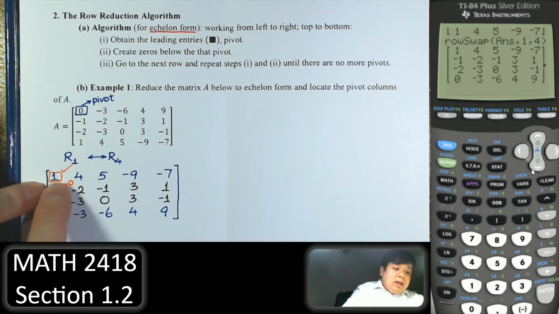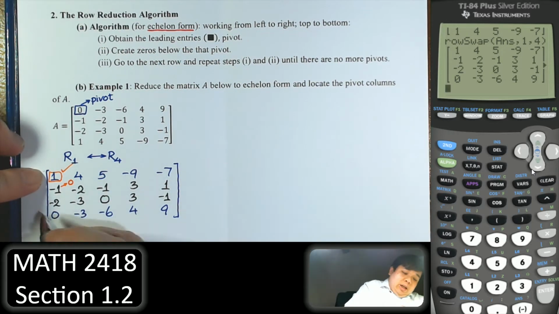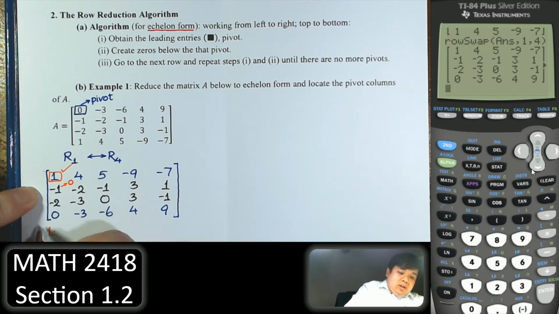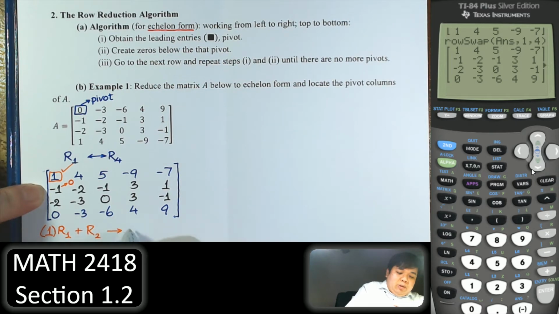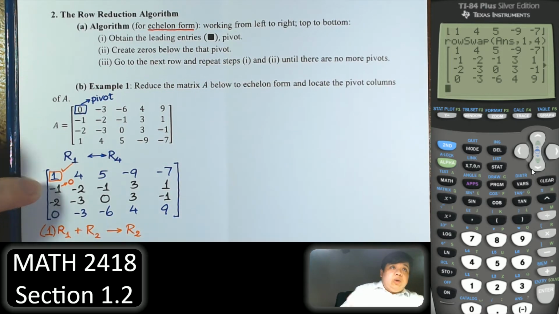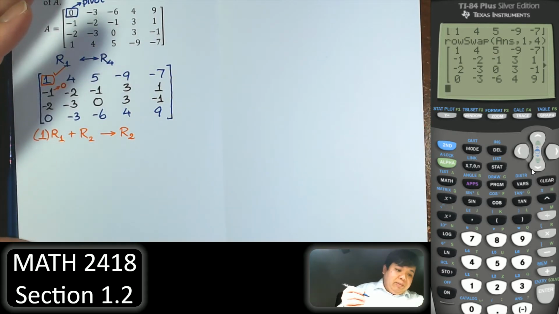Multiply 1 into the pivot row, the row that contains the pivot entry. So we take 1, which is opposite to this number, multiply it to row 1, and add to row 2, replacing row 2. So in this case, row 2 will change, and rows 1, 3, and 4 will stay the same.